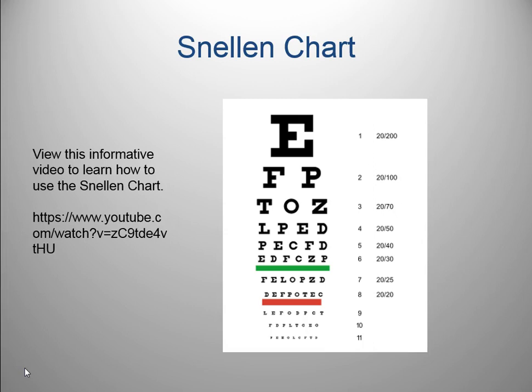You then take a look at your Snellen chart and see what line they're on, and you're in luck because you can look and see, is it 20/20 vision, which is down at line 8, or can they only read to line 6? Then they have 20/30 vision, which would indicate they might need to see a doctor and get some glasses.